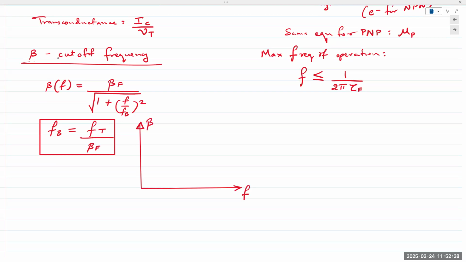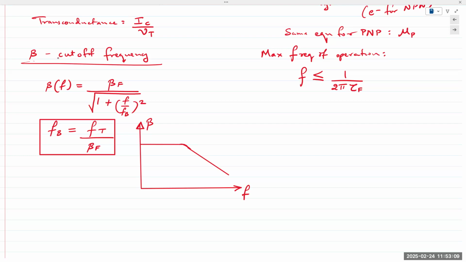All right, so as I was saying, we assume that beta is going to be constant, and it is up to a certain point, probably not this long. But then it's going to start dropping off.